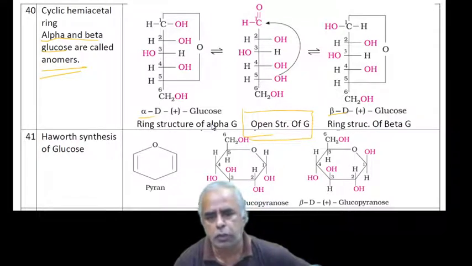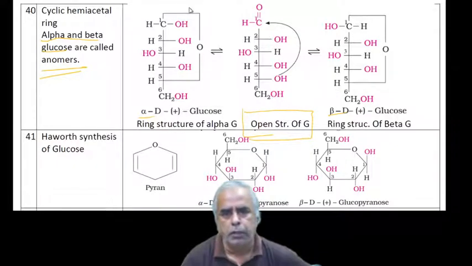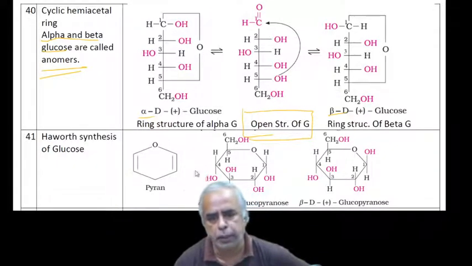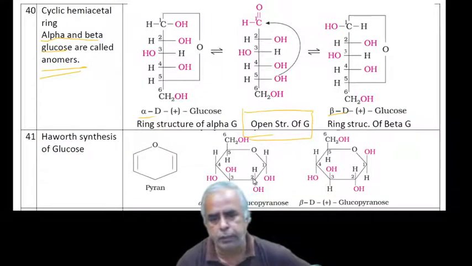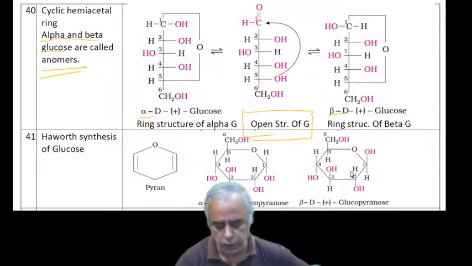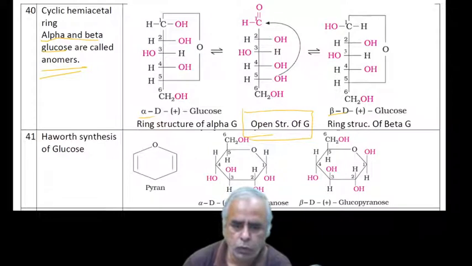So this is the ring structure of alpha glucose. This is the ring structure of beta glucose. However, he suggested that this structure can resemble pyran, so this glucose can exhibit the glucopyranose ring, and thus the structure of glucose was arrived at. Any doubt?